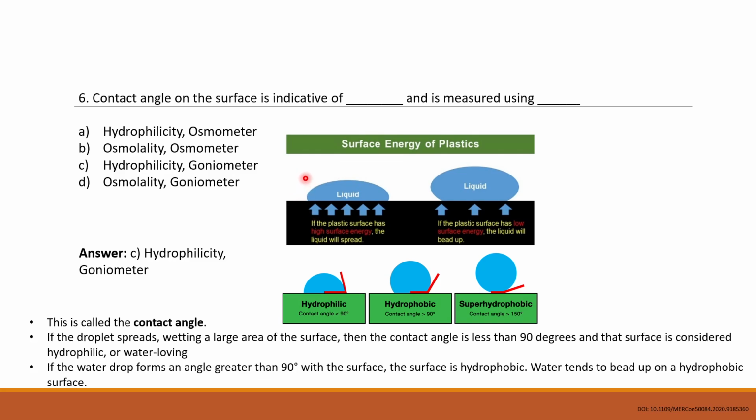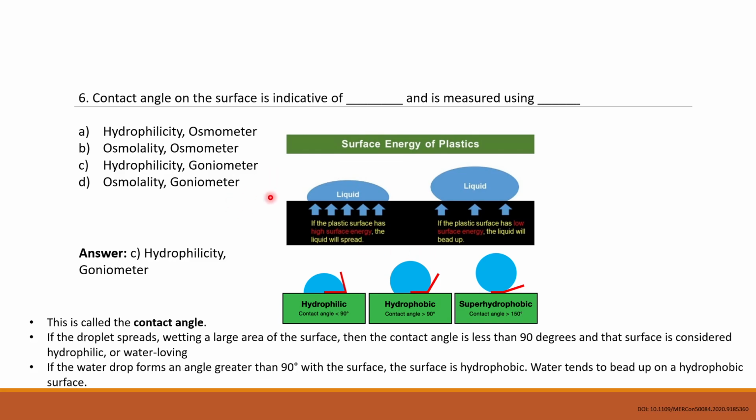Contact angle is nothing but the angle between the horizontal surface of your liquid and your surface. Here you can see if the contact angle is less than 90 degrees, then the surface is hydrophilic. If it is greater than 90 degrees, it is a hydrophobic surface. If it is greater than 150 degrees, it is a super hydrophobic surface.